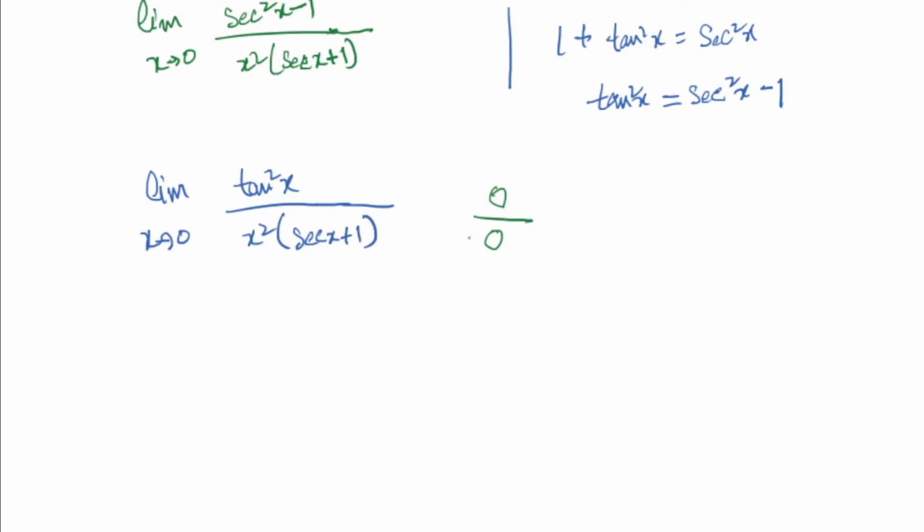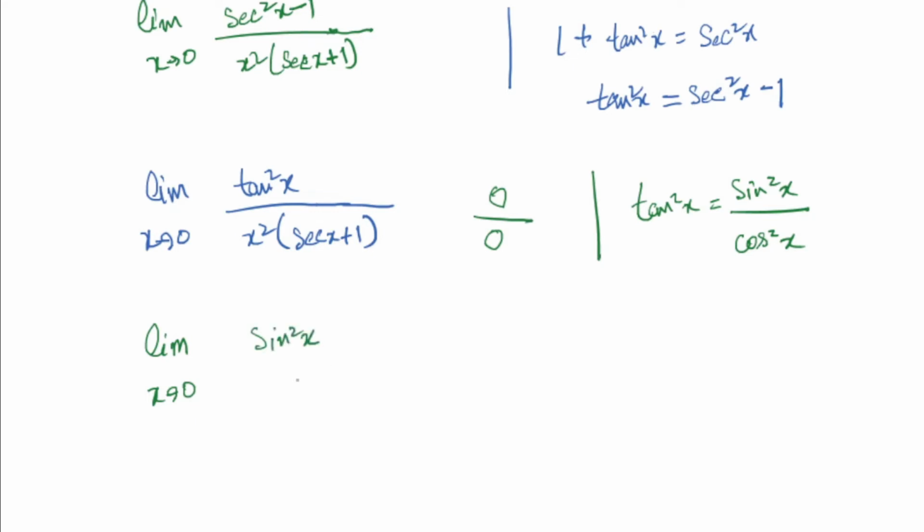Let me solve this limit further. Limit x tends to 0, and how are we going to solve this? Just remember the concept that tan square x is equal to sin square x divided by cos square x. So we can put sin square x upon cos square x at the place of tan square x. So we have sin square x upon cos square x, and here 1 upon x square, and inside the round bracket we have sec x plus 1.